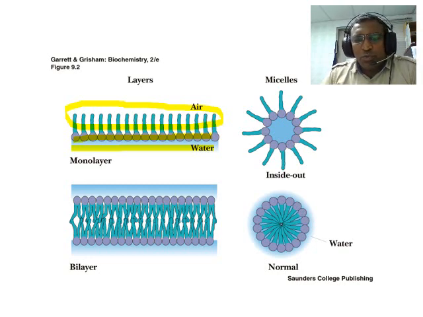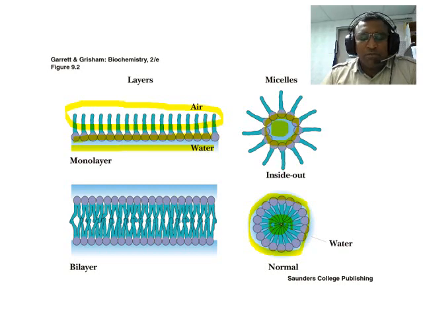So you put water in the middle, and what you get is the head outside, so you get something like a micelle structure. And if you put water on the outer section, this will be the structure you obtain, where the hydrocarbon chain will be internally inside and the head will be outside.